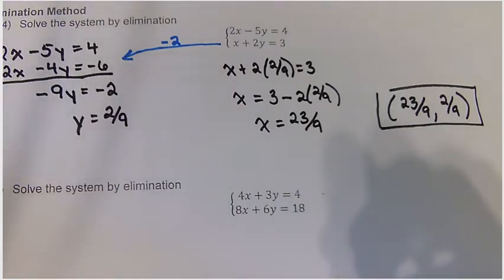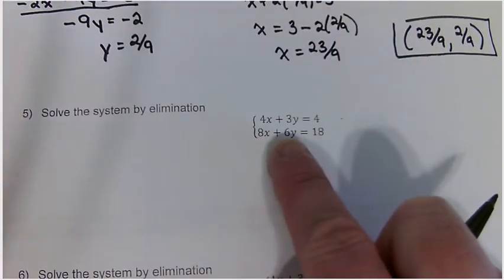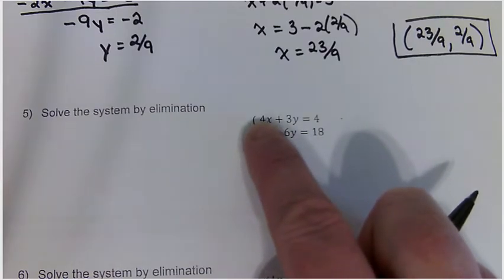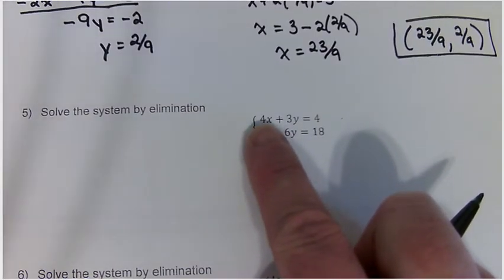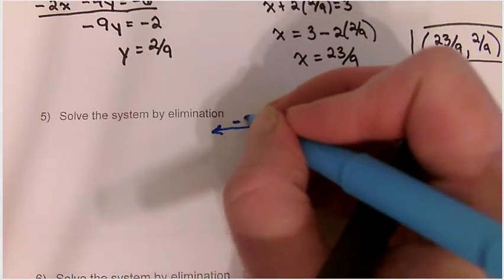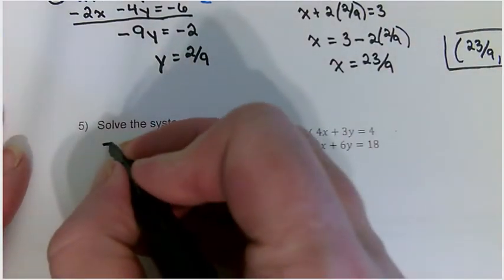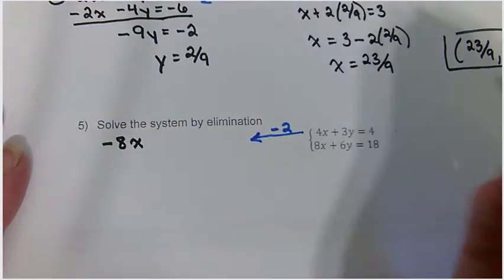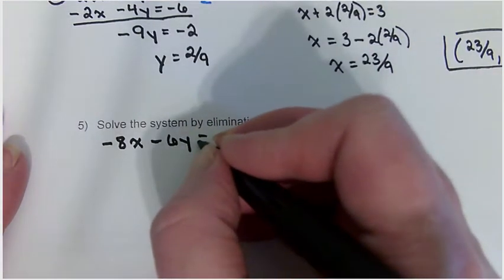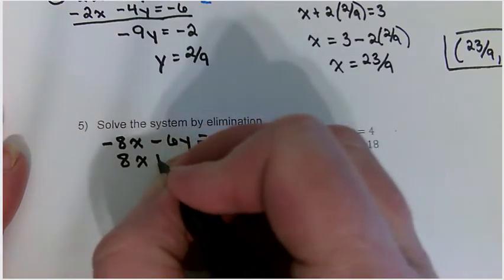All right, so the next one, let's see. Since that's twice as big, if I multiply that top equation by like a negative 2, that would work. So step one, I'm going to get negative 8x minus 6y equals negative 8, and leave the bottom one just like it is.